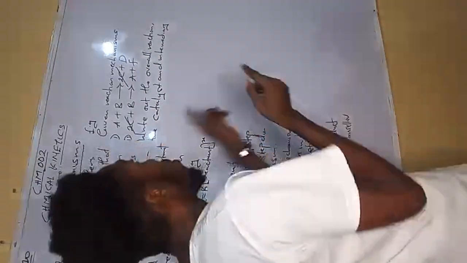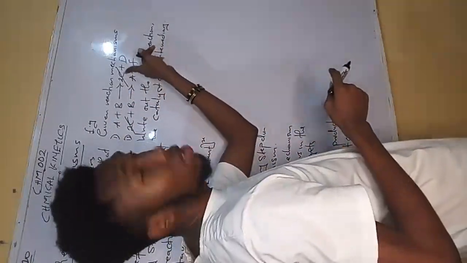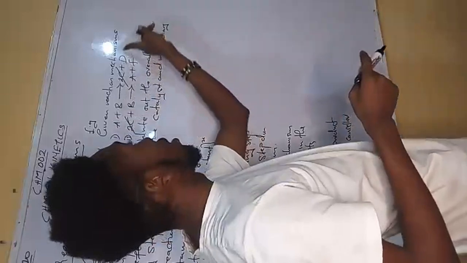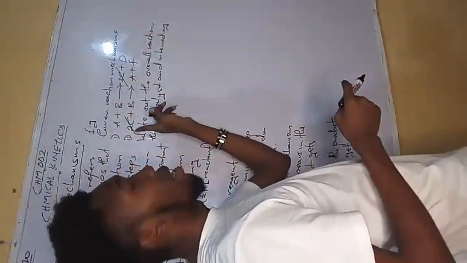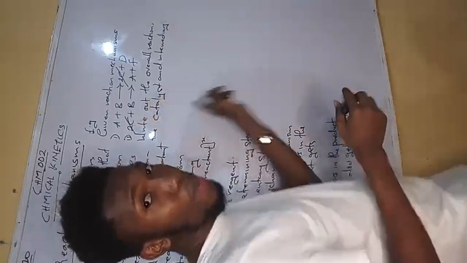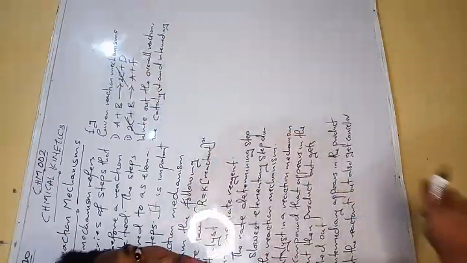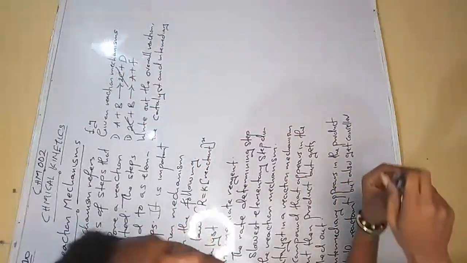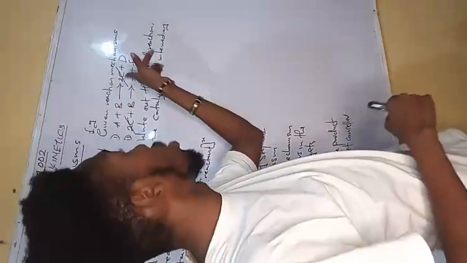But if you check it, this 2C first of all appears in the product on the first elementary step, then it comes here to appear at the reactant. So based on this statement, this 2C is an intermediary, because your intermediary first of all appears in your product before it appears in your reactant.